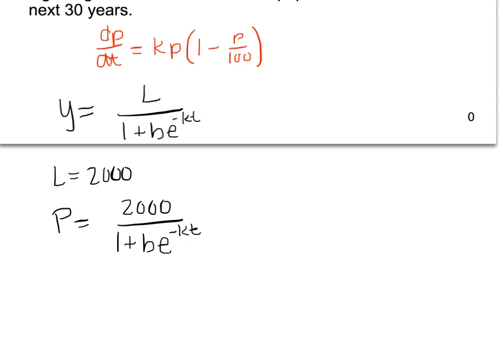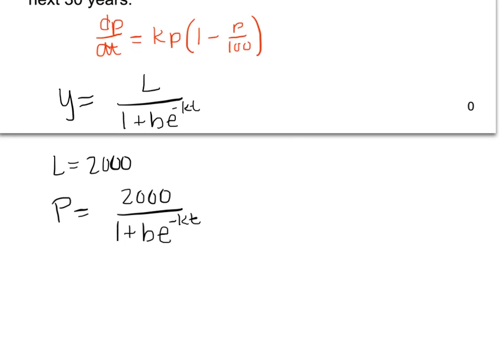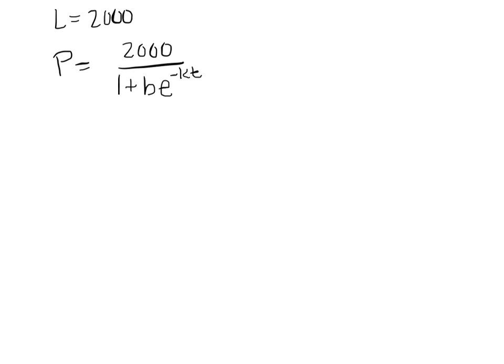So let's use our initial condition, which was that our population at time 0 was equal to 100, because we released 100 deer initially.